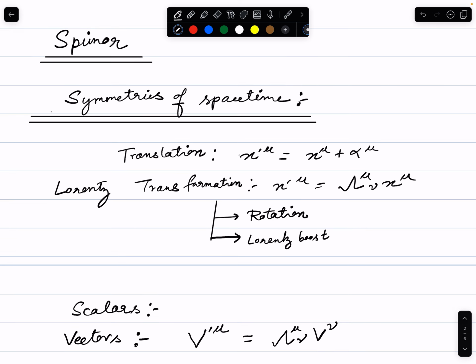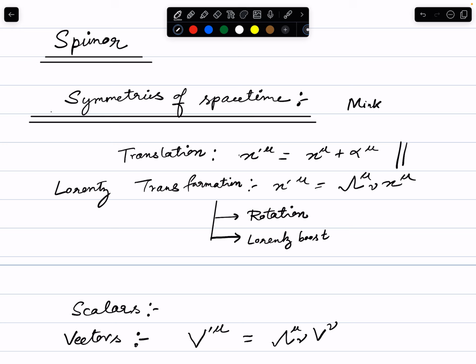So what kind of symmetries does our space-time have, meaning what kind of operations can we do which will leave our observations invariant. So one thing we can do is translation both in space and time, meaning that if we translate everything by some distance, and if our space and time are homogeneous and isotropic, then nothing will change. Of course, here we are assuming that we are working in the Minkowski space.